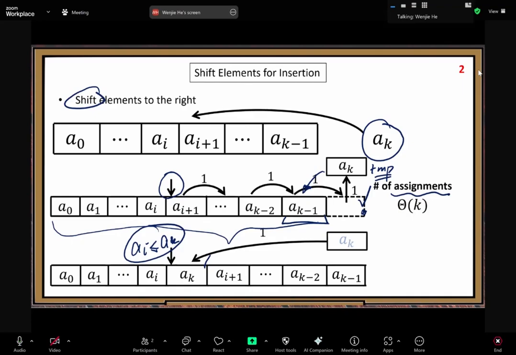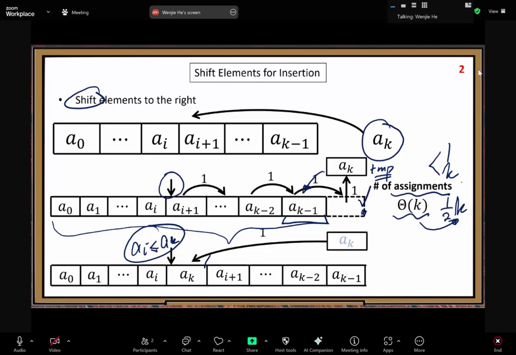The best case is 1, the worst case is k, but the average case is 1/2 times k. So we use asymptotic notation to represent this average case, 1/2 of k.